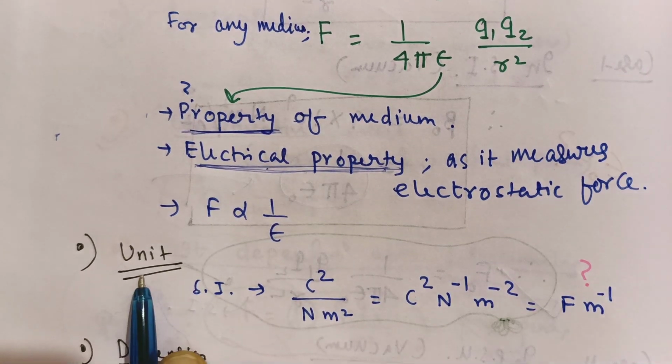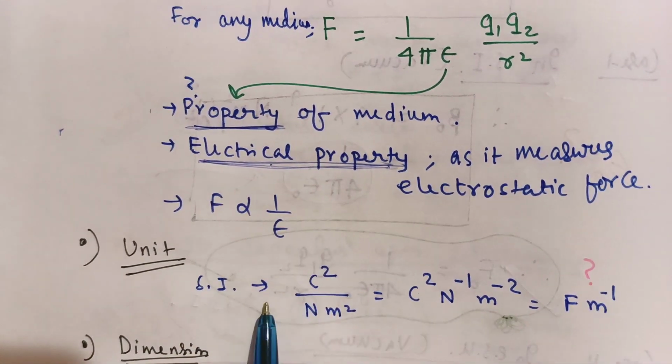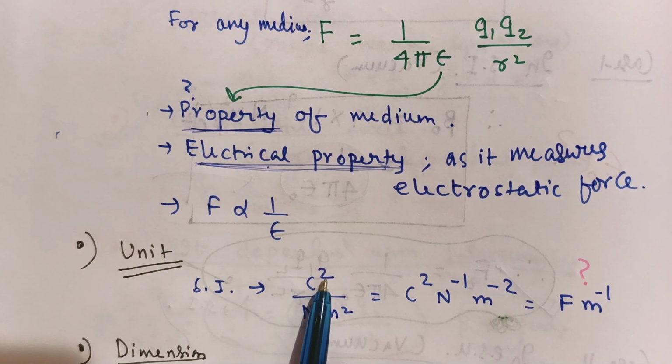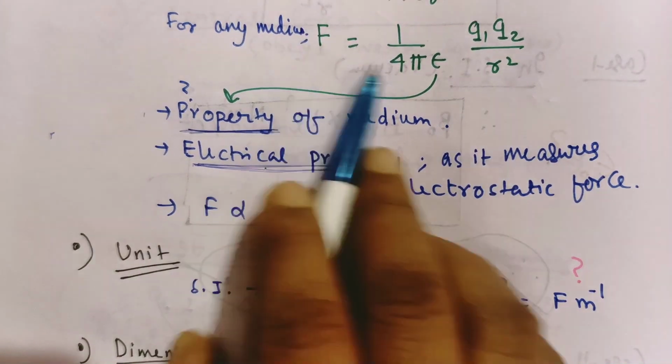Now we will discuss the unit and dimension of permittivity. First, to see the unit, I have written the SI unit: Coulomb square per Newton meter square. How does it come? Now you see the formula here.